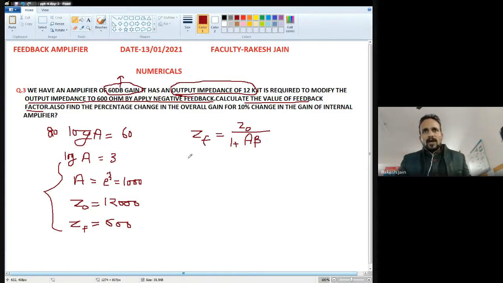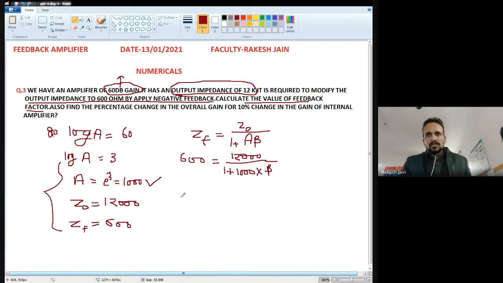ZF is 600, so I put 600. Z0 is 12,000, so I put the value 12,000 divided by 1 plus A beta. A is given as 1,000, so I write down 1,000 multiplied by beta. Beta we have to find out.